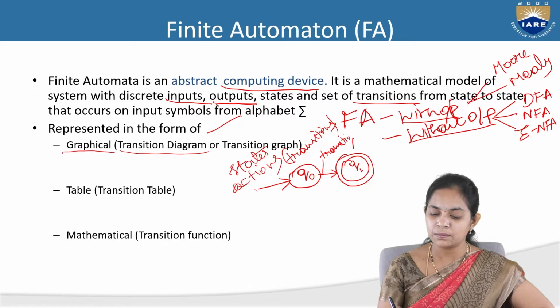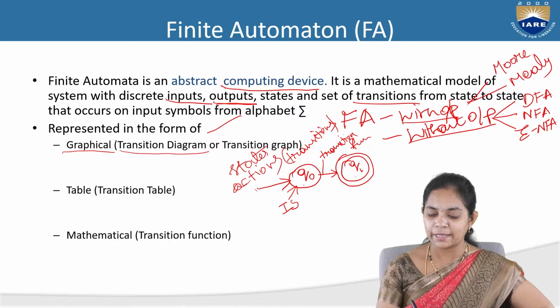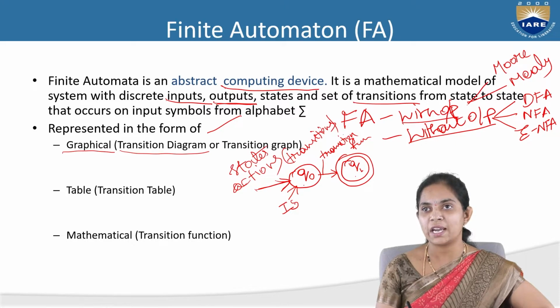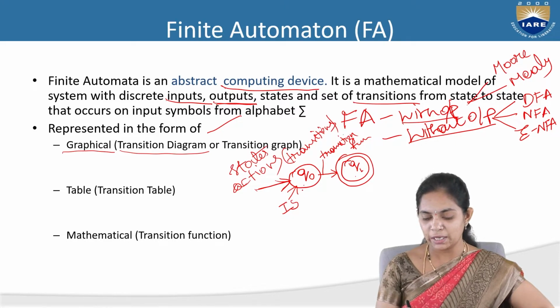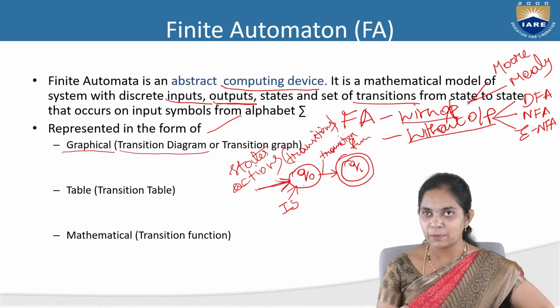The transition function is from the current state to the next state. So here we have to initialize the state with an arrow mark. The starting state should be represented with an arrow mark like this, and the final state in a double circle. And this is about the graphical representation.